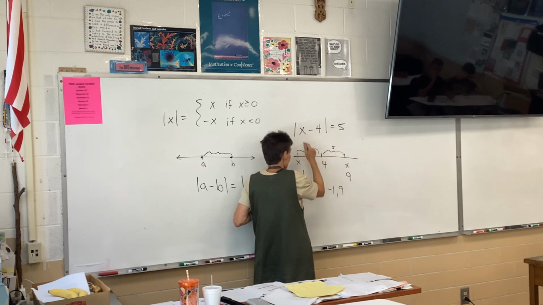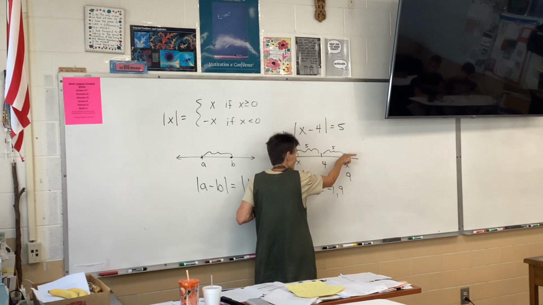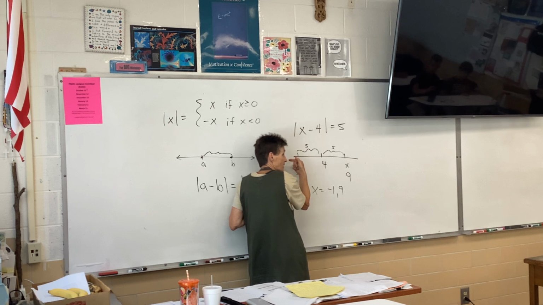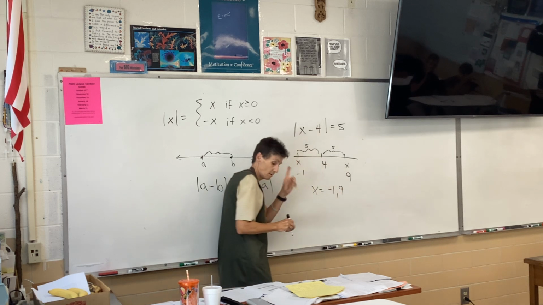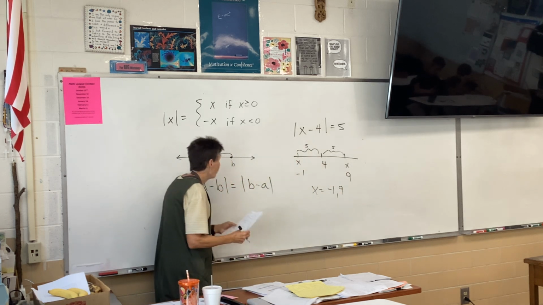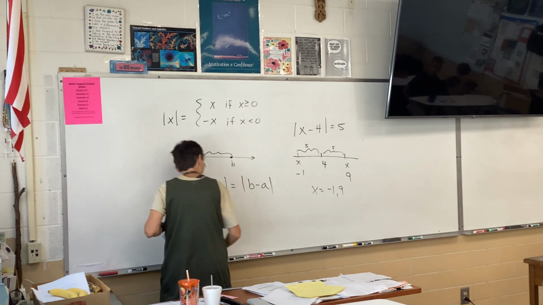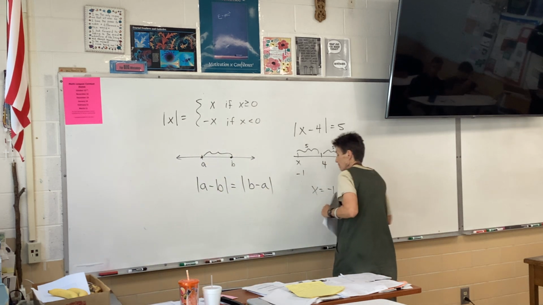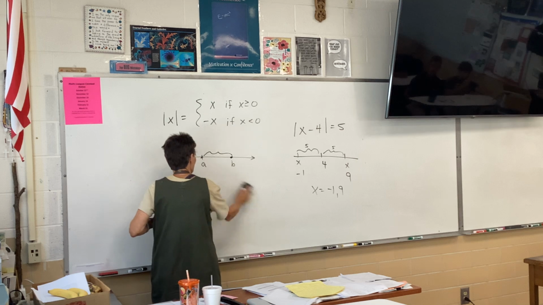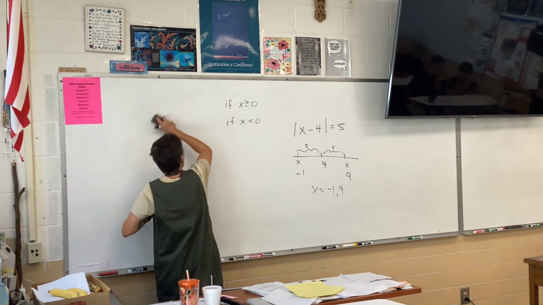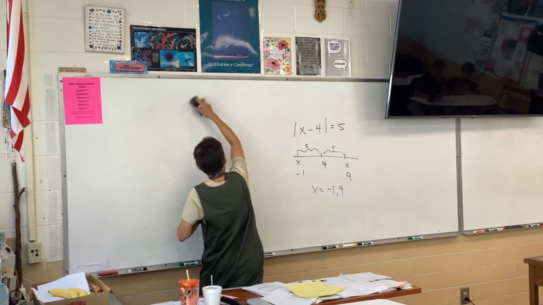So whatever x is, it's got to be 5 units that way or 5 units this way. -1 and 9. All right, let's step it up a notch. What about this? What do you think about this little absolute value inequality? Now, don't panic.